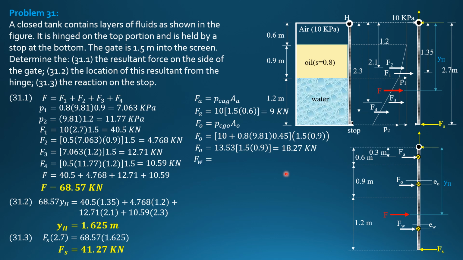Then force in the water contact, so pressure at the centroid of water times area of the portion in contact with water. So pressure at the centroid of water, which is here, is beginning here 10, to make it clear here, 10 plus 0.8 times 9.81 times 0.9, then plus 9.81 times 0.6, only half of 1.2, because that's the centroid of the area in contact with water.